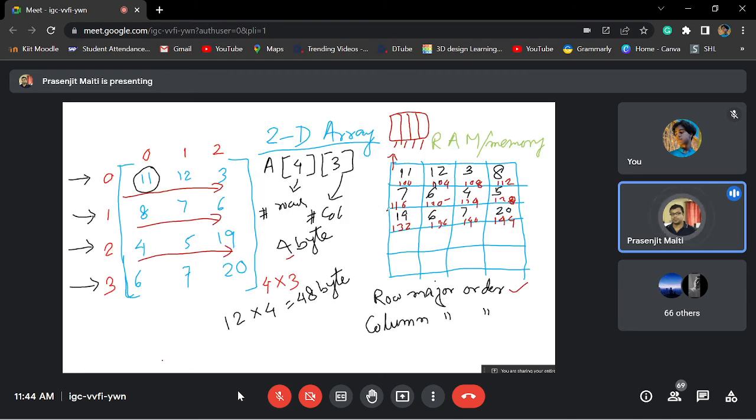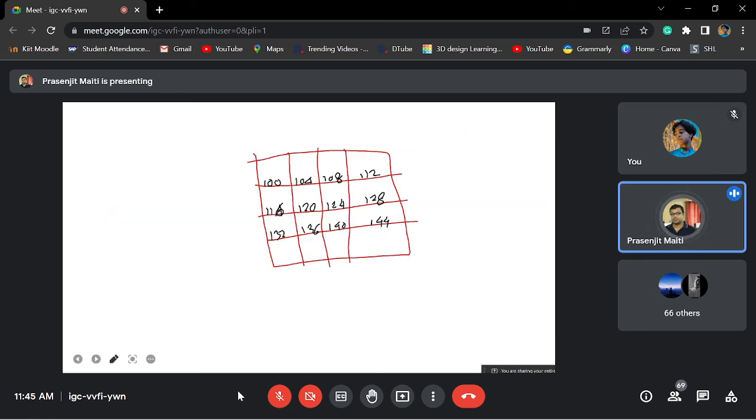So first we store the 0th column elements, then the 1st column, then the second column. First we store 11, 8, 4, 6.